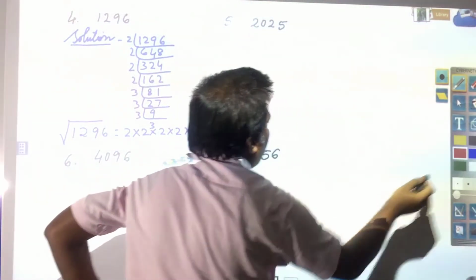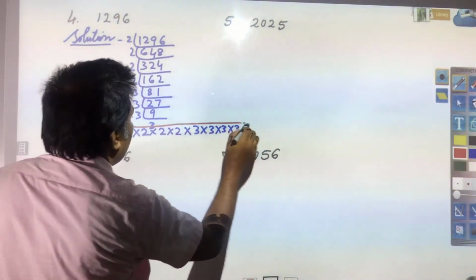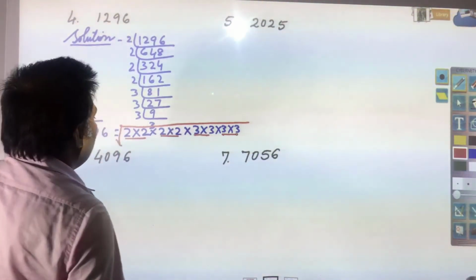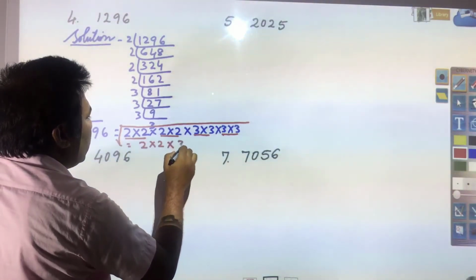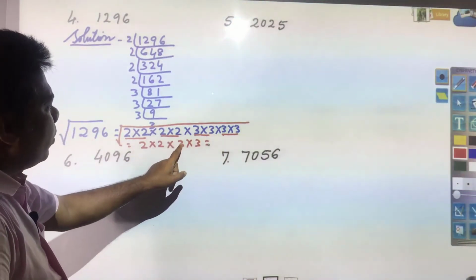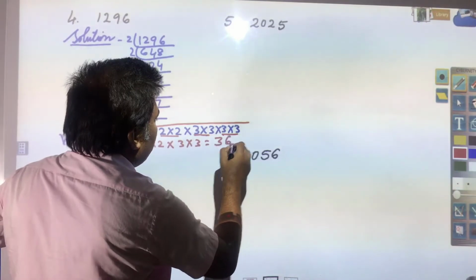So, you have pairs 1 2 3 and 4. You write down, this will be 2 into 2 into 3 into 3, it means 2 2s are 4, 4 3s are 12 and 12 3s are 36 and this will be your answer.